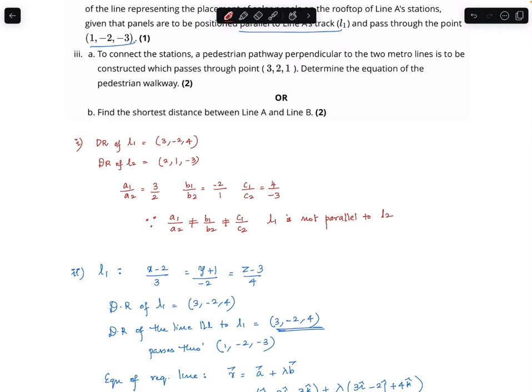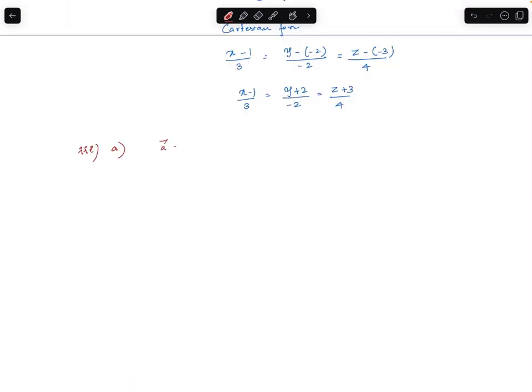Question 3, subdivision A. To connect the stations, a pedestrian pathway perpendicular to the two metro lines is to be constructed, which passes through the point (3, 2, 1). Determine the equation of the pedestrian walkway. This pathway is perpendicular to L1 and L2 and it passes through (3, 2, 1). The a vector is 3i plus 2j plus k.